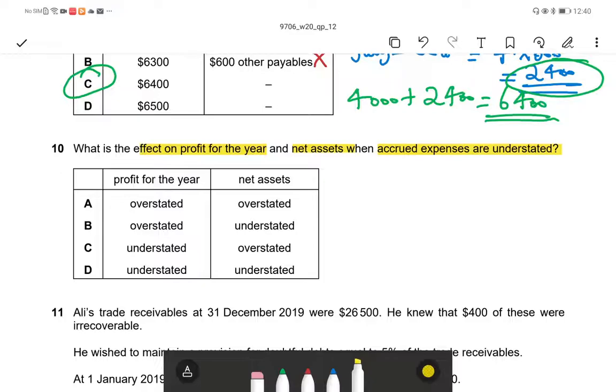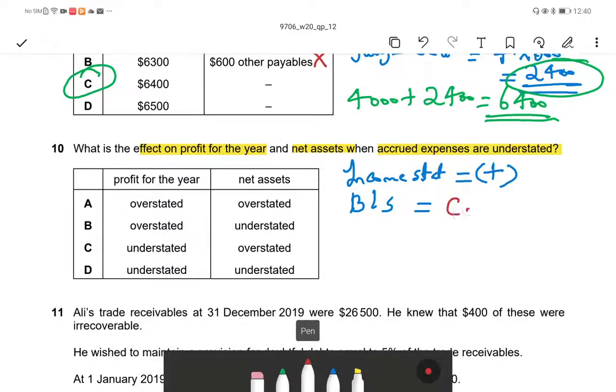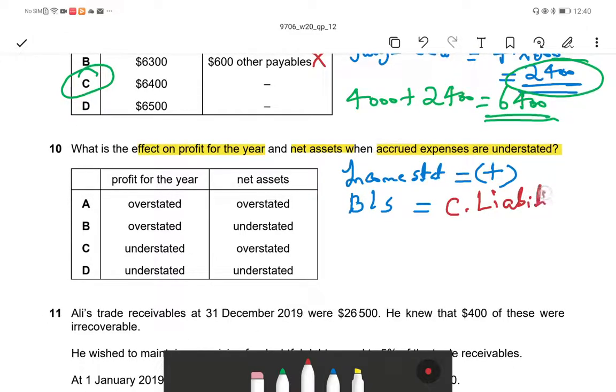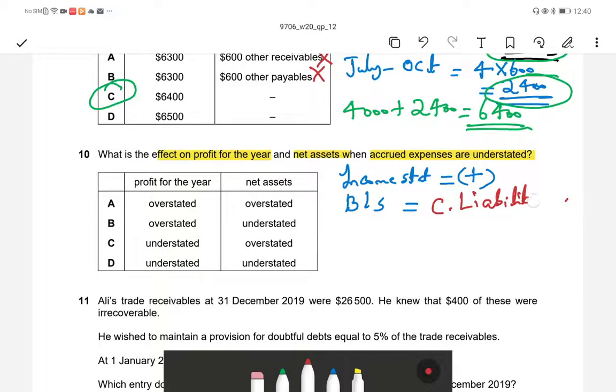In the income statement, we will add accrued expense. In the balance sheet, for accrued expense, the expense amount is not paid, so it is a current liability.